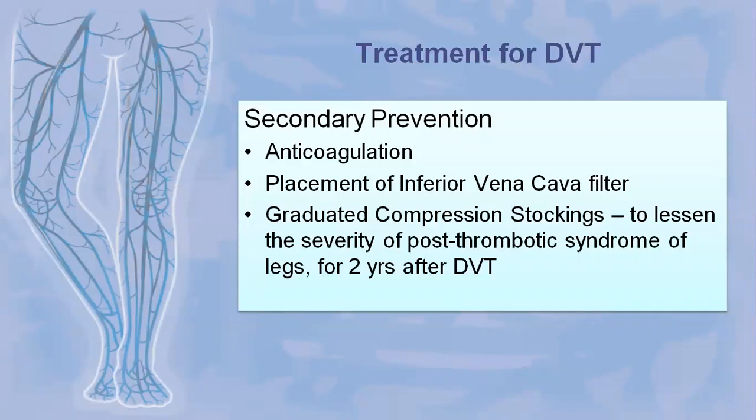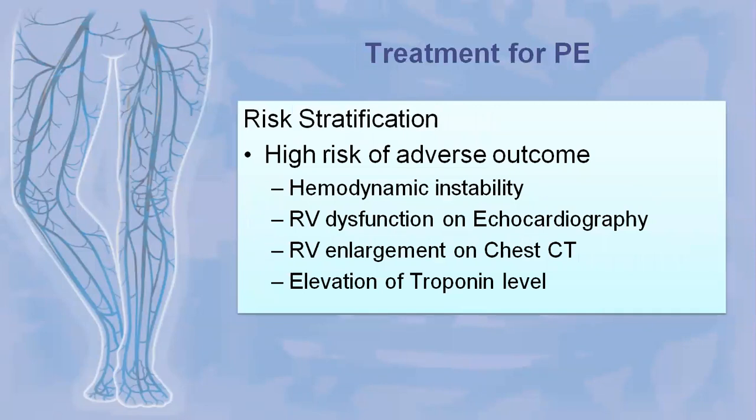Secondary prevention is anticoagulation, or placement of an inferior vena cava filter, and also applying graduated compression stockings. This is to lessen the severity of post-thrombotic syndrome of the legs, for 2 years after deep vein thrombosis.